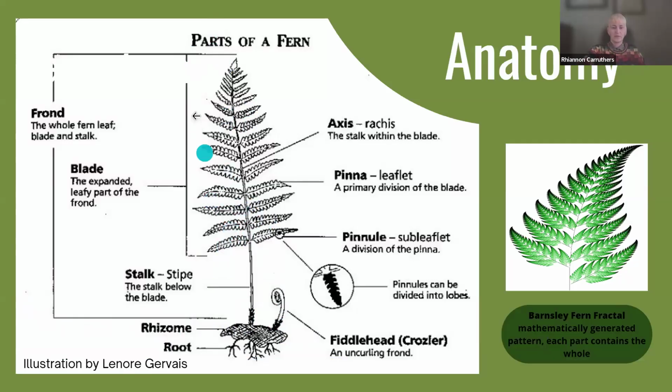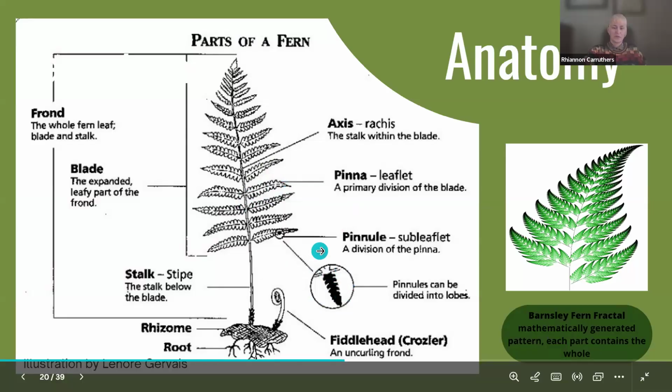The blade being the leafy part of the frond. If a fern is divided, this here is what's called a pinna, or pinnae if it's plural. And then if that is further divided, we have what are called pinnules. So these are little sub-leaflets. And those pinnules can be toothed or have lobes.